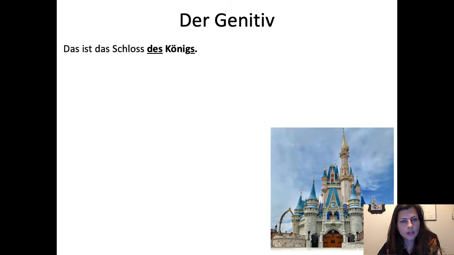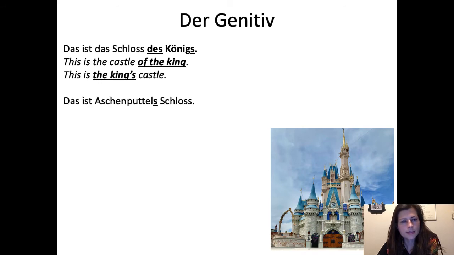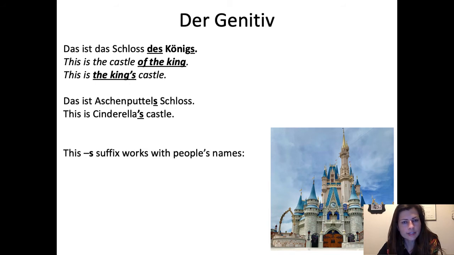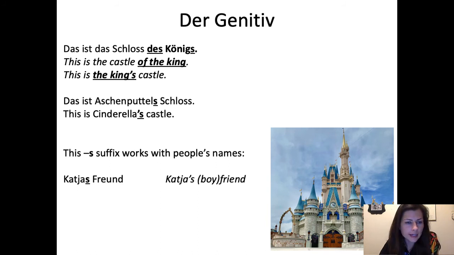Das ist das Schloss des Königs. This is the castle of the king, or maybe this is the king's castle. Das ist Aschenputtels Schloss. So this is Cinderella's castle. When you have someone's name, like their actual name, you can just put an S on the end, and that's a form of the genitive. Like, for example, you could say Katjas Freund, which is Katja's boyfriend. Her name is Katja, and we've literally just put an S on the end, and that's all.